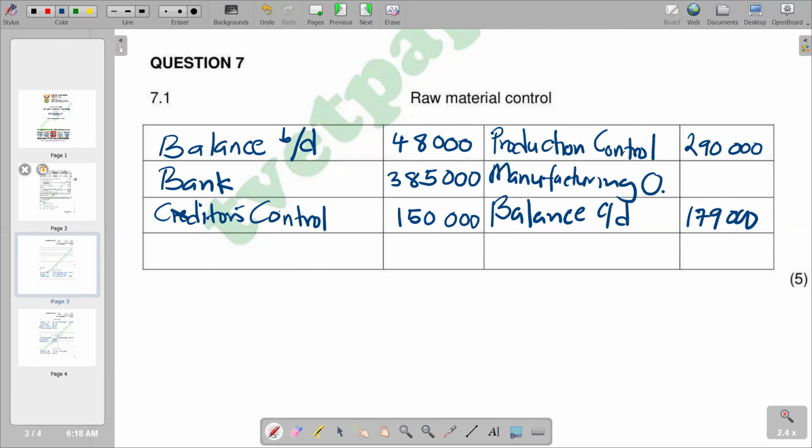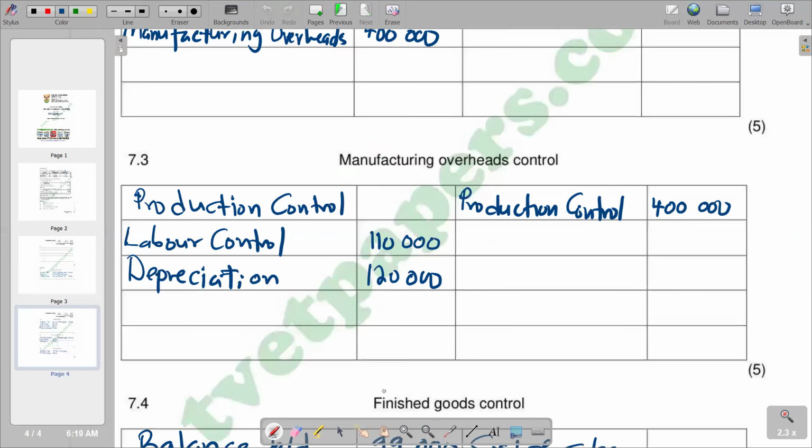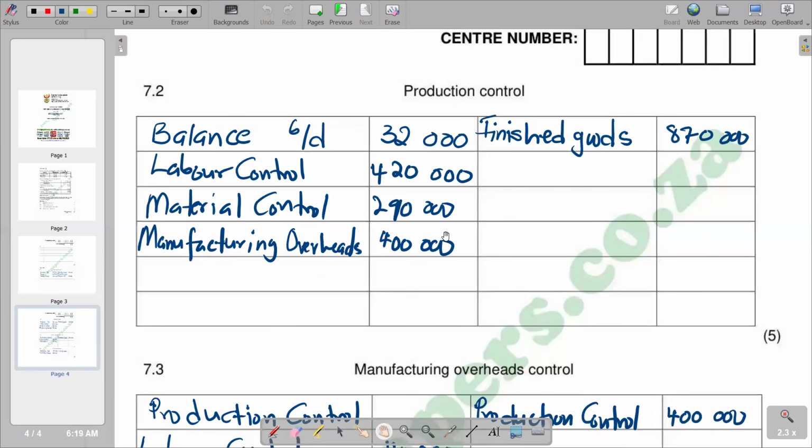And we go to the next one, which is now work in process is a question mark, which should be a balance CD in the production control. So we come to the production control. And we have a balance CD here on the credit side.